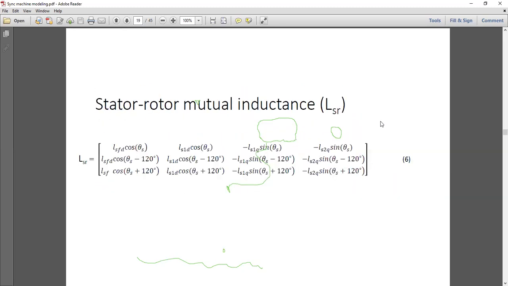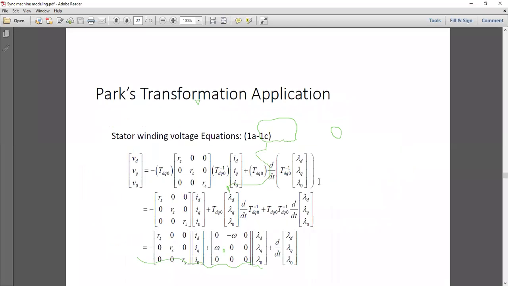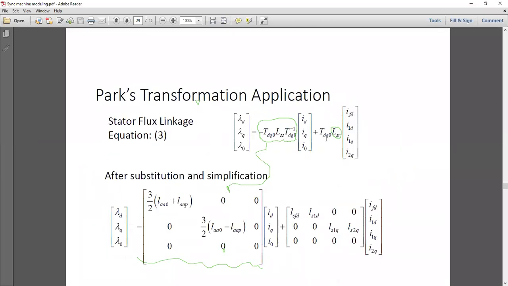Let's go back to the LSR expression. So this is LSR. You see we have the presence of theta s everywhere, for all these 12 elements inside this big matrix. Once we apply TDQ0 on this LSR, there will be some modification. And to our advantage, with this application of TDQ0 on LSR, we now only have to live with theta independent terms, LSFD, LS1D, LS1Q, LS2Q, and many other zeros present there.